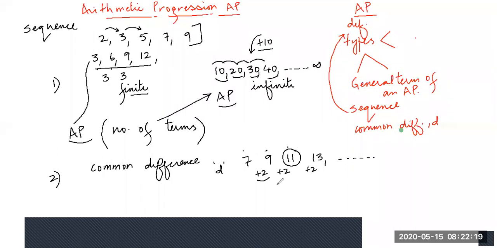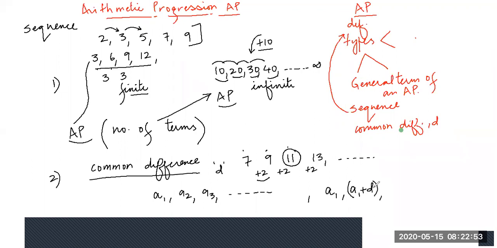Now, one more thing, based upon common difference, I can have a new definition of arithmetic progression. I can write it in a different way: the first term can be A1, the second term A2, the third term A3, and so on. The first term is A1. How will I get the second term? A2 would be, if I add D to the first term, I get the second term.